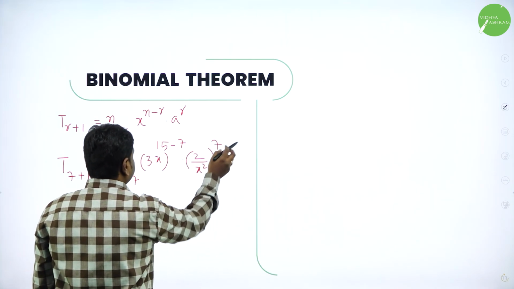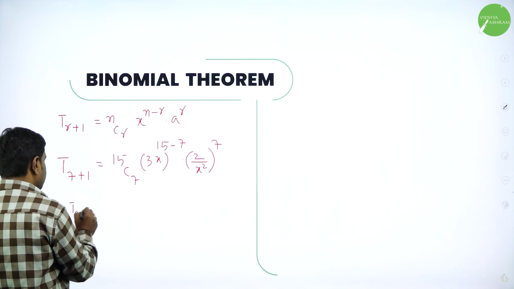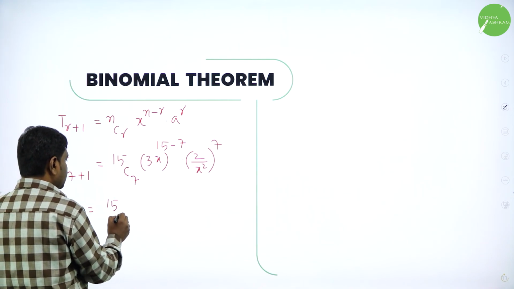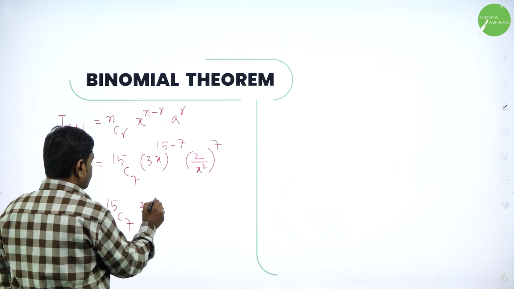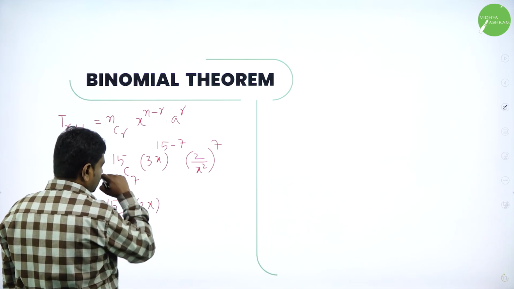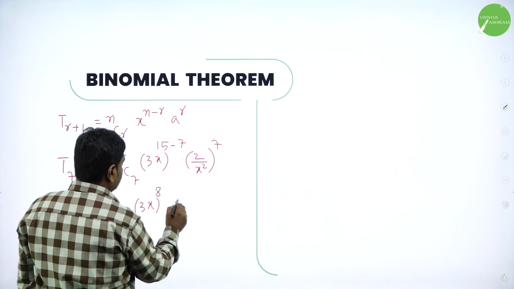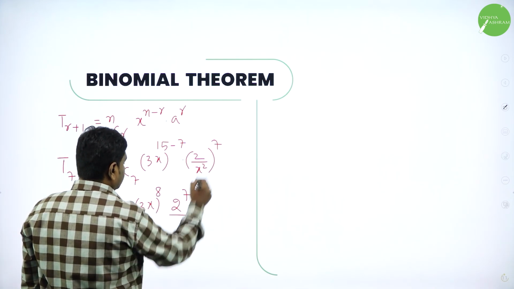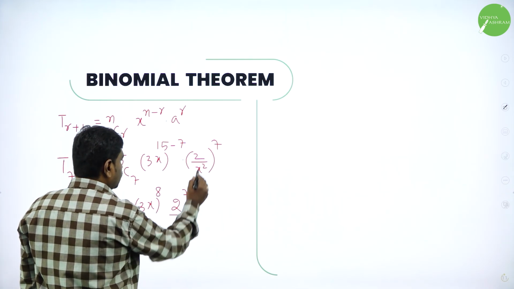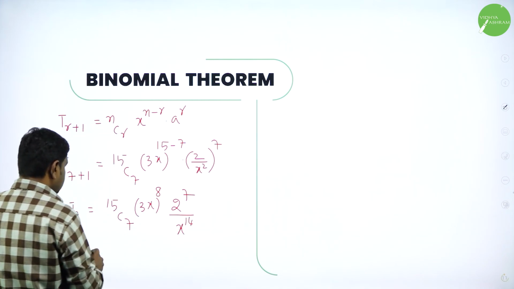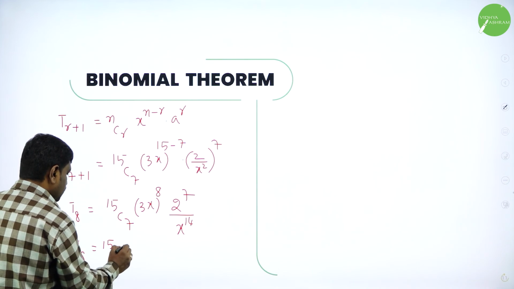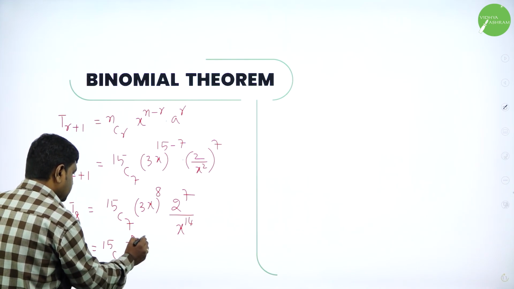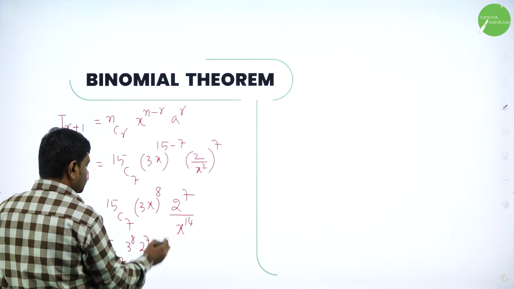r is what? 7. So T8 is equal to 15C7, (3x) whole power 15 minus 7, that is 8, into 2 power 7 by x power 14, using the law of indices. Then simplify. T8 is equal to 15C7, 3 power 8, 2 power 7, and x power 8 by x power 14.